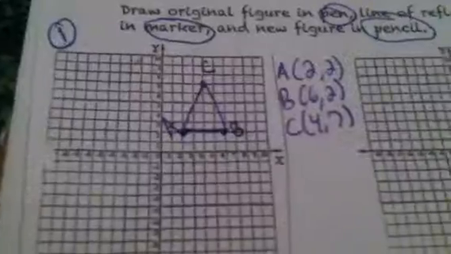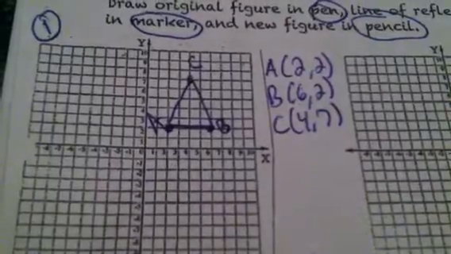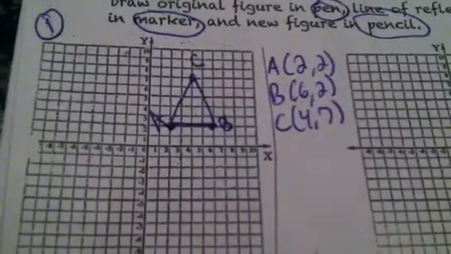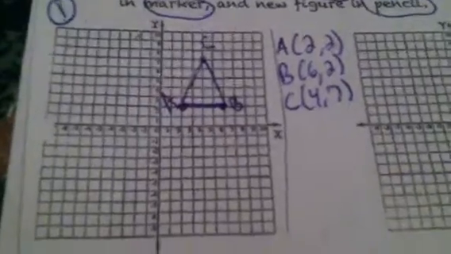And you should have been able to form triangle ABC in quadrant 1. Please make sure that you are labeling the letters A, B, C.